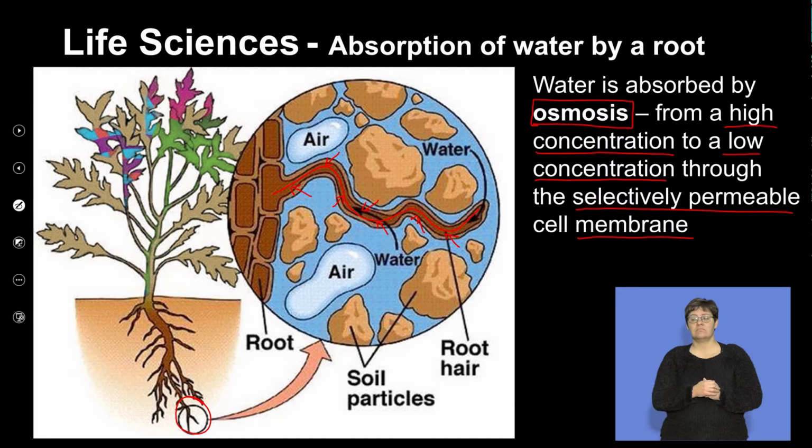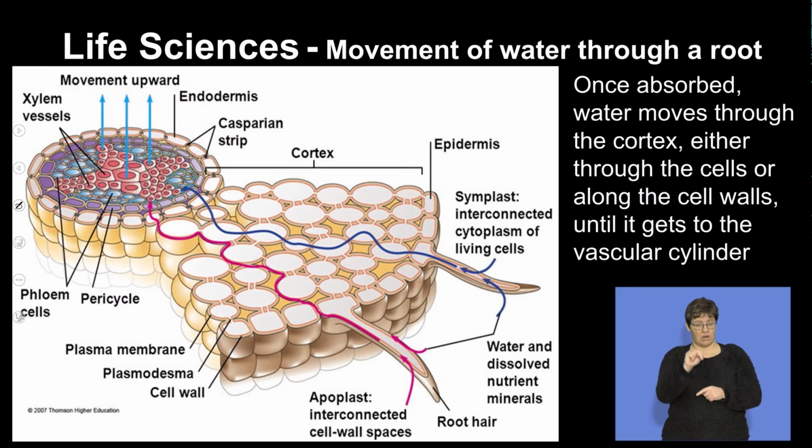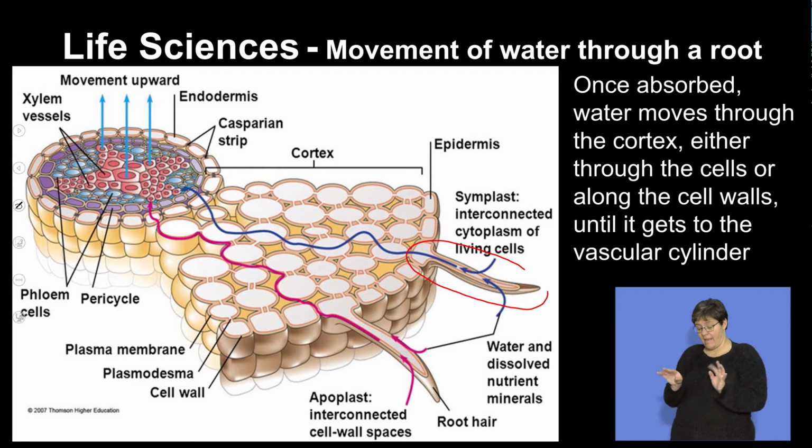Same as with diffusion, it will sometimes stop when the concentrations are equal. So there is a certain amount of active absorption as well. So what we've looked at is how water moves into the root through osmosis.